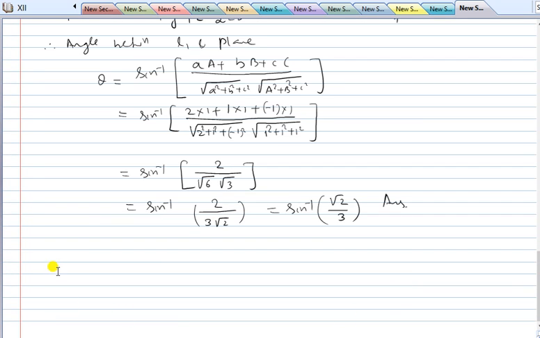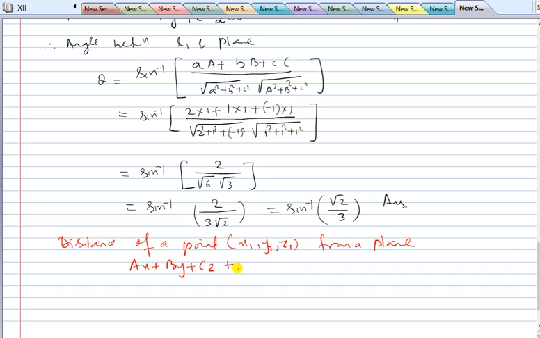Now the last thing is distance of a point x1, y1 and z1 from a plane ax plus by plus cz plus d equals to 0, right?